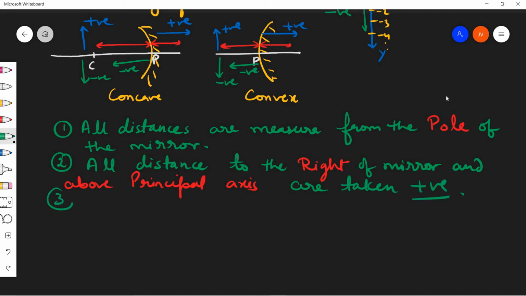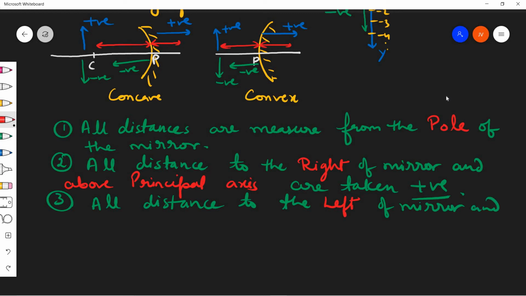And the third and last sign convention is all distances to the left of mirror and below principal axis are taken negative.